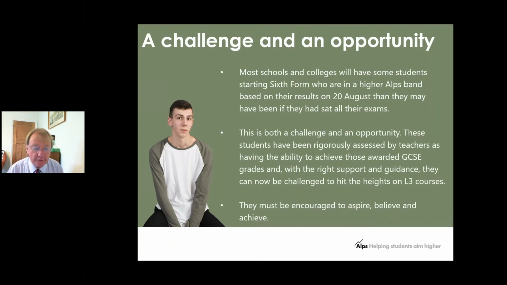And I know that's a challenge, and I know that with a wider cohort in your sixth form, some of you may be apprehensive, and we're very keen at Alps that as many of you as possible do upload your year 12 cohorts and do set the MEGs as soon as possible so that our analysts can look at the average GCSE scores across Wales in 2020, starting A levels and BTECs, in comparison to what the state of play was in 2019.